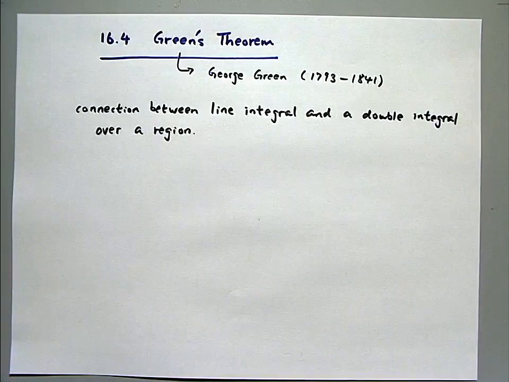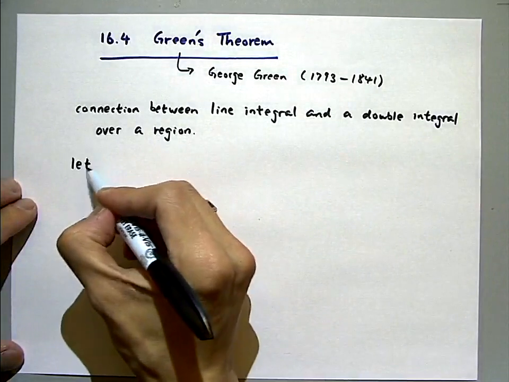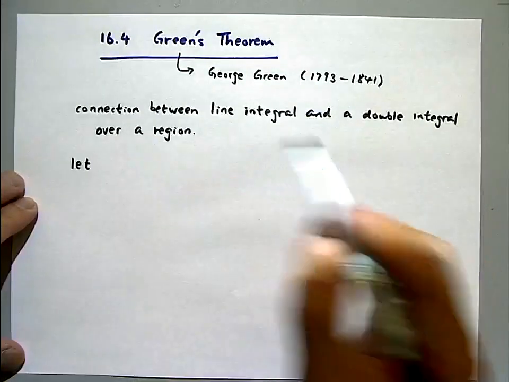And you'll see examples today that oftentimes this will simplify the calculation of a line integral tremendously. So a couple things to lay down before we get to the theorem.